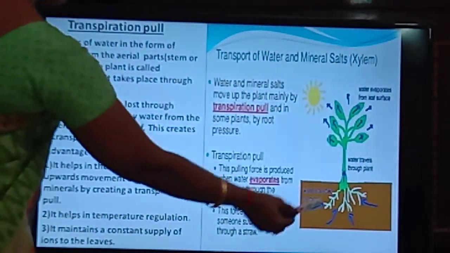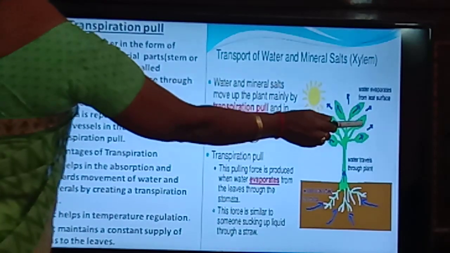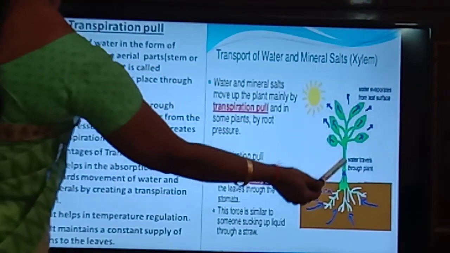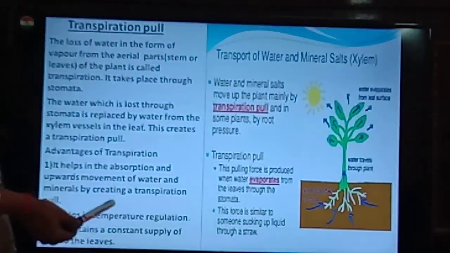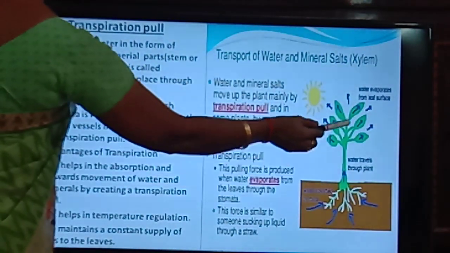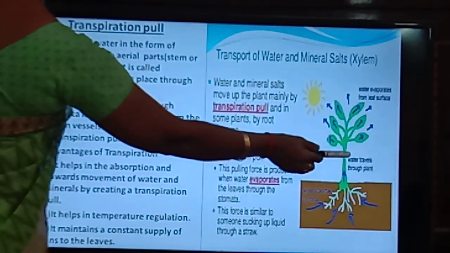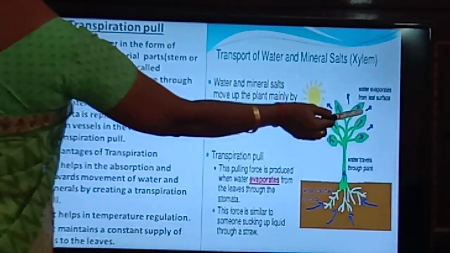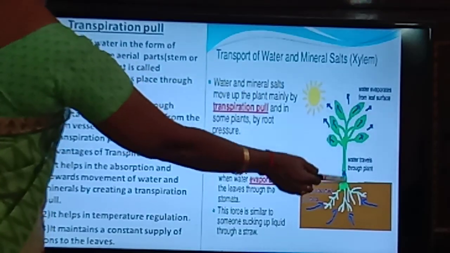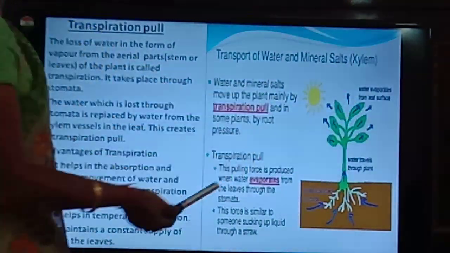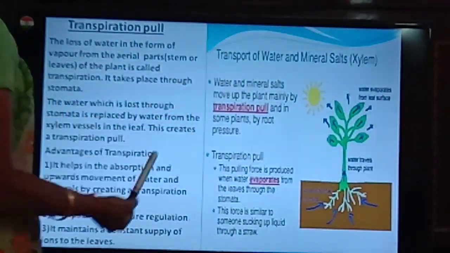See, the water which is lost through the stomata is replaced by water from the xylem vessels entering the leaves, because we learned that there is interconnection between all roots, stem and leaves. The xylem tissue has interconnected vessels and tracheids, so it forms a continuous channel for bringing up water.